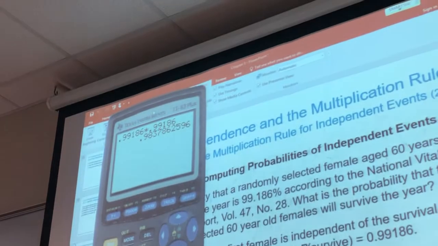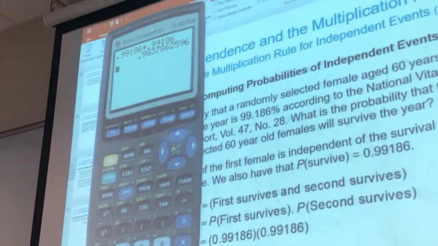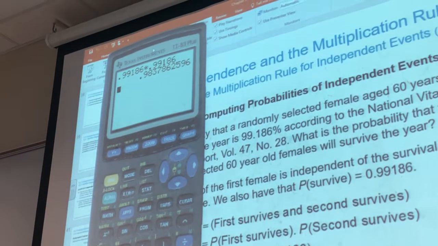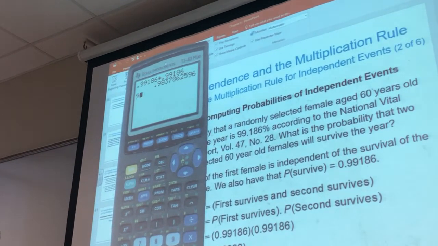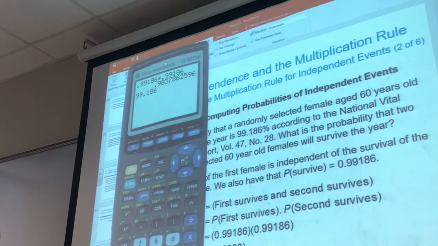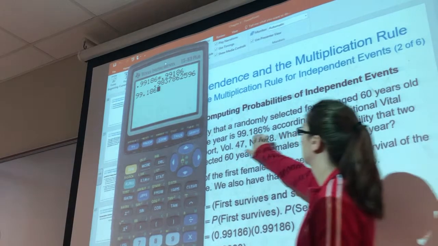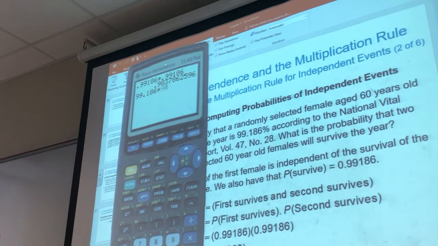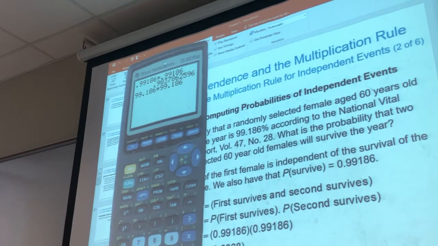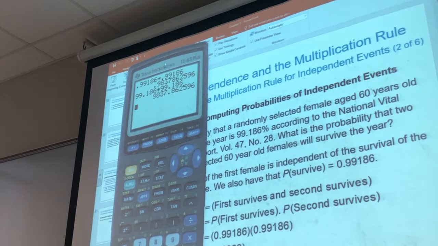If you forget and you try to use percents instead on this type of problem, they're going to give you really funky answers. So you get 99.186. If you just type that number out front of the percent right here, and don't change it to a decimal, and then multiply it by 99.186, what's going to happen is those decimals are going to be thrown off.